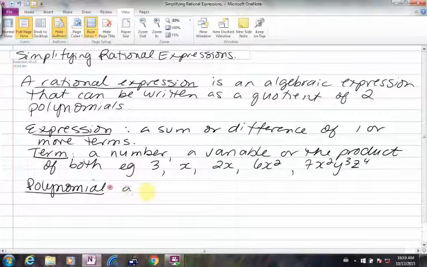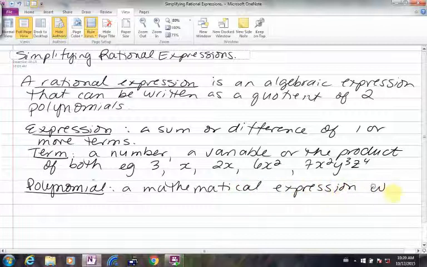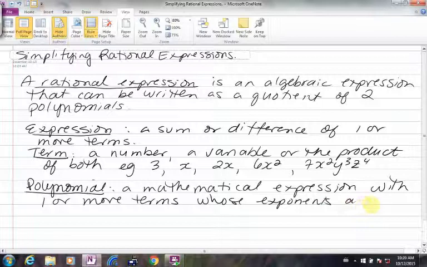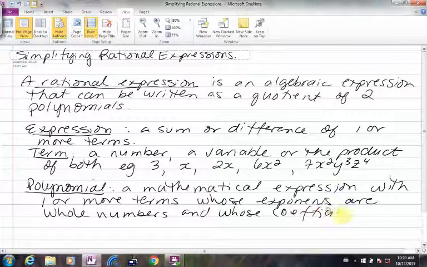So a polynomial is a mathematical expression with one or more terms whose exponents are whole numbers and whose coefficients are real numbers.